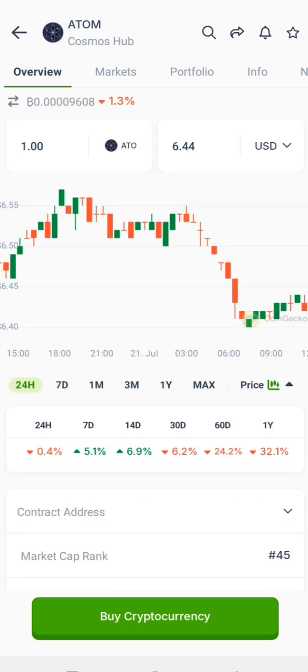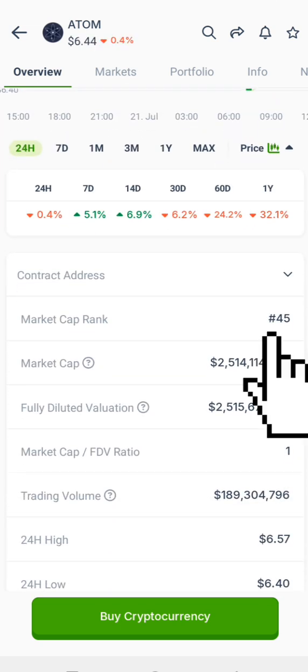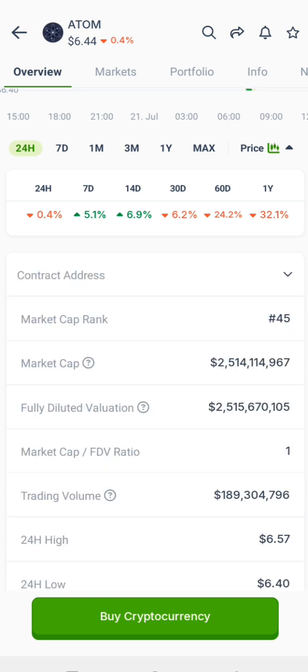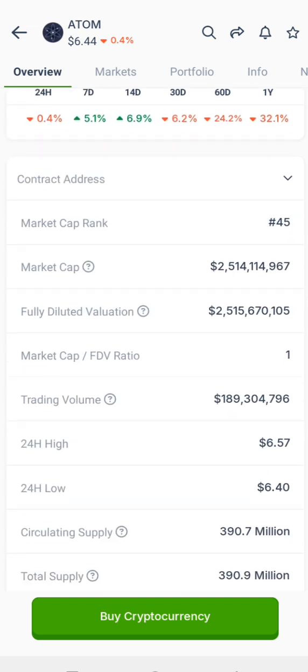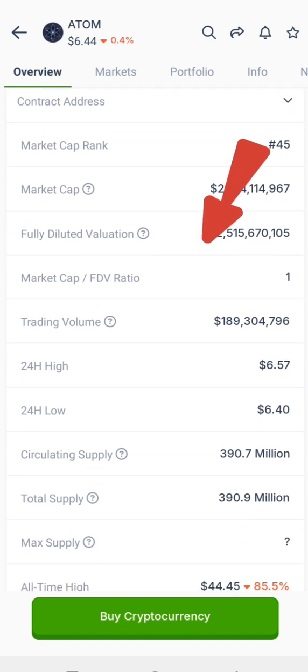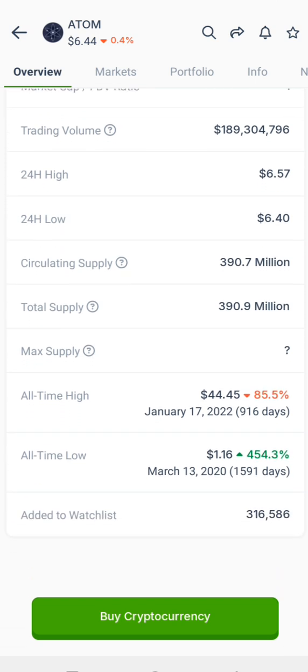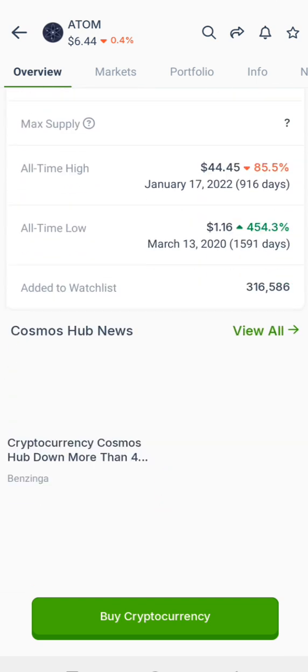So this is the interface. This Atom is ranked at number 45. You remember BNB was ranked at 4th, so now it's 45. The market cap of this one is 2.5 billion, while BNB was 91.5 billion.